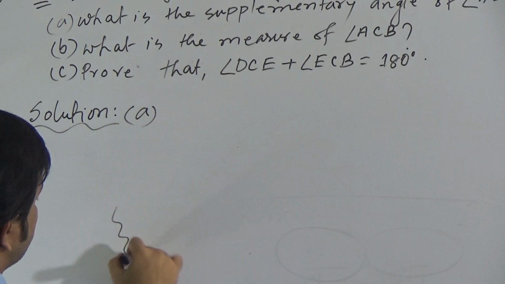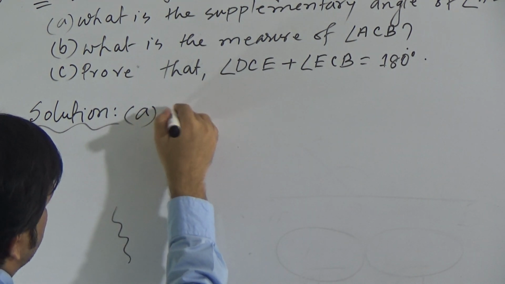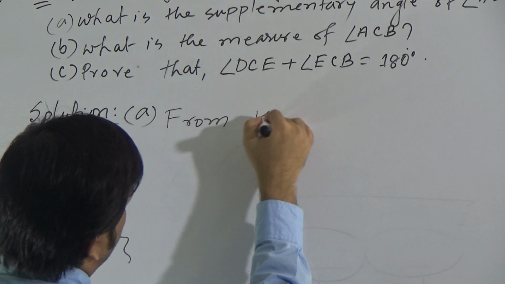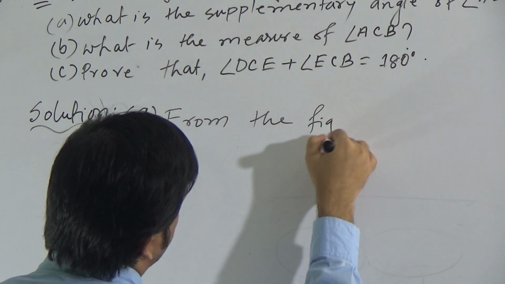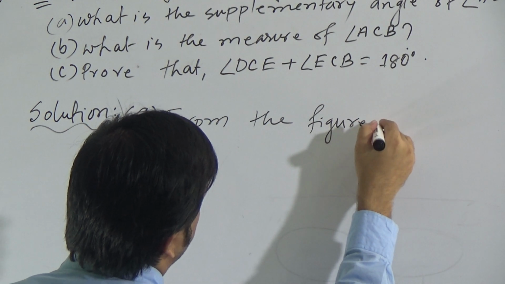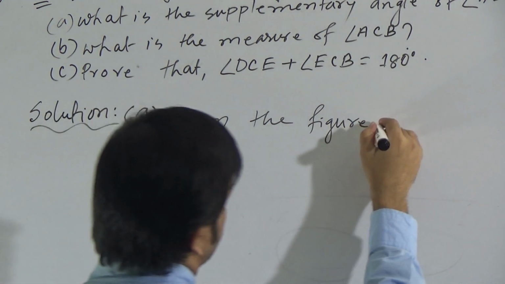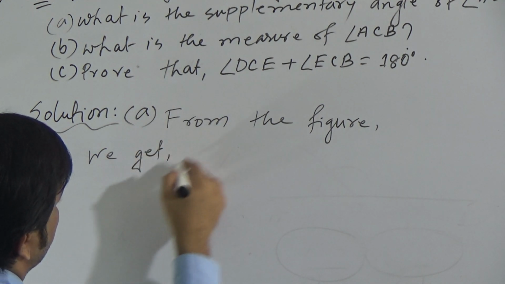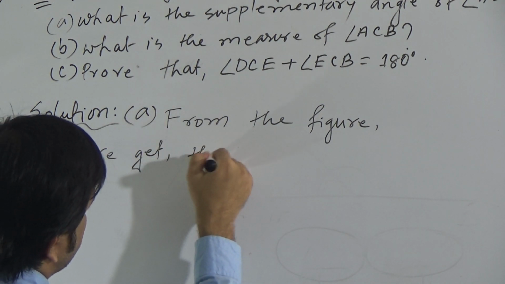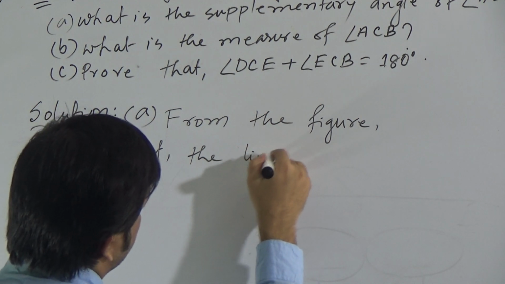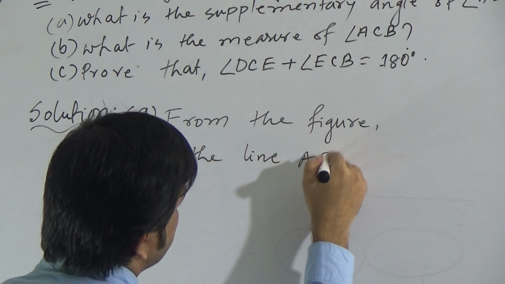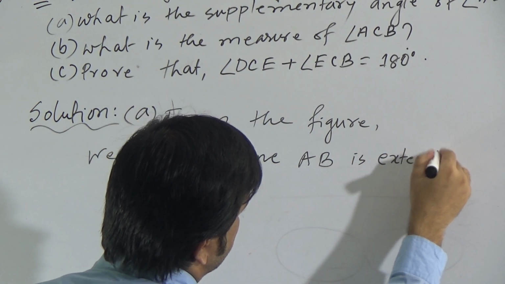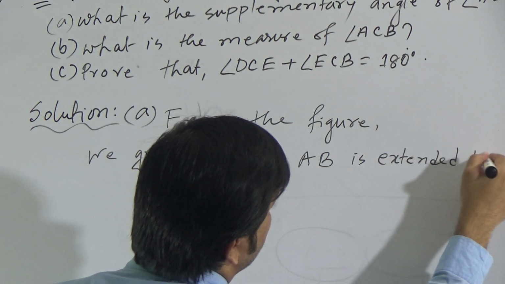I'll write from the figure, we get the line AB is extended to F.